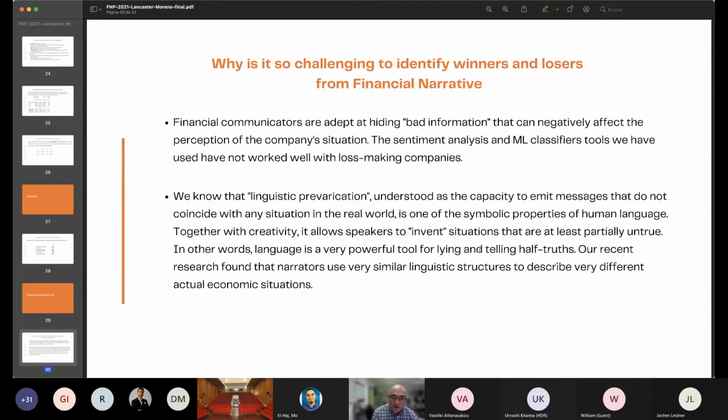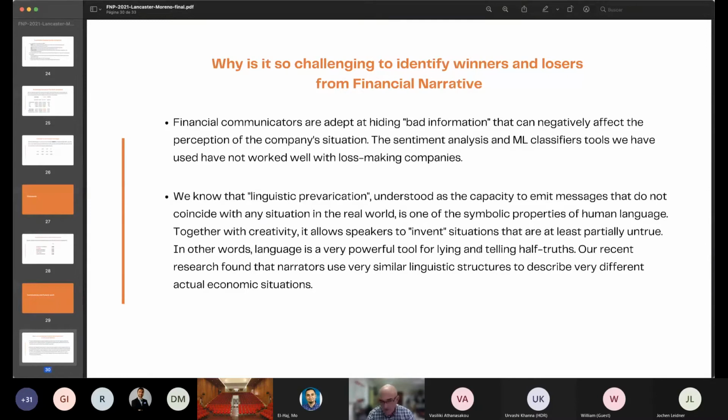On the other hand, we know that linguistic prevarication, understood as the capacity to emit messages that do not coincide with any real situation in the real world, is one of the symbolic properties of human language. Together with creativity, linguistic prevarication allows speakers to invent situations that are at least partially untrue.